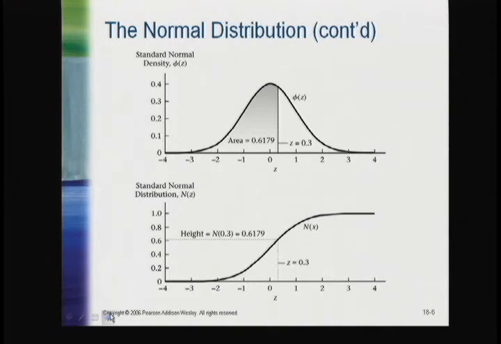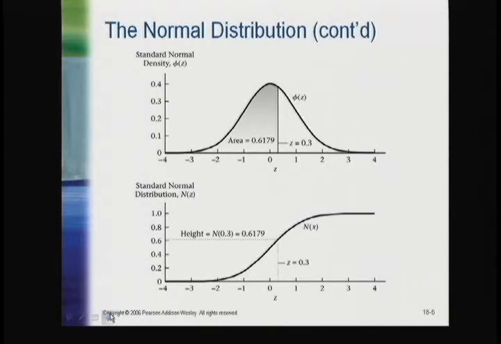Here's a graph of the standard normal with standard deviation 1, mean of 0, and its associated distribution function. And one sees that the distribution function, which formally, of course, is defined from z equal minus infinity to plus infinity, but one of the familiar properties of the normal distribution is that once you get beyond 3 standard deviations, there's very, very little probability mass outside of 3 standard deviations in the normal.